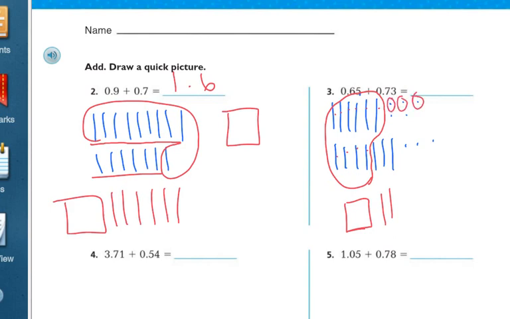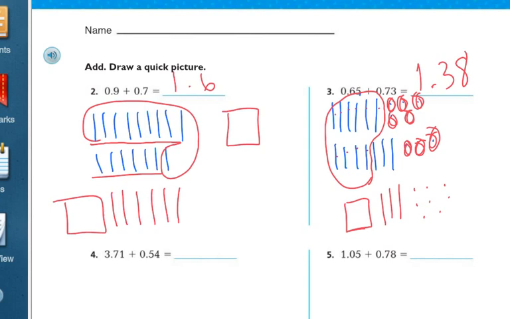I can't. So I'm going to have 3 tenths left. And then I'm going to have 8 hundredths. So my answer is going to be 1 and 38 hundredths.